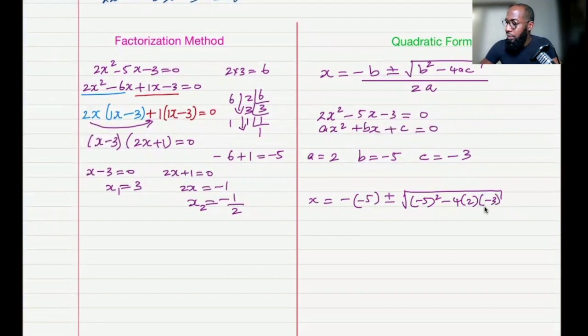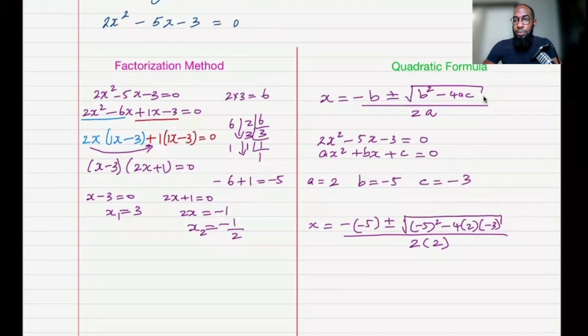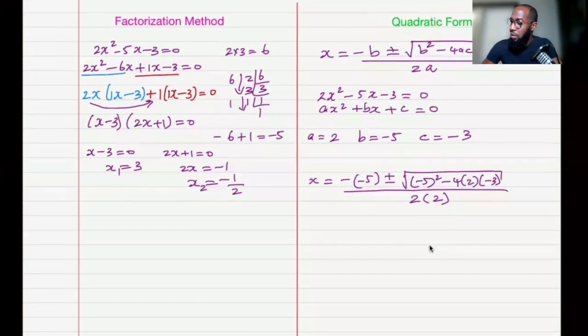And all over 2 times a, which is 2. All right. So when you do this, you just quickly verify, okay, b is -5, b is -5, a is equal to 2, and c is equal to -3, over 2a, which is 2 by 2. Nice, we're on the right track.